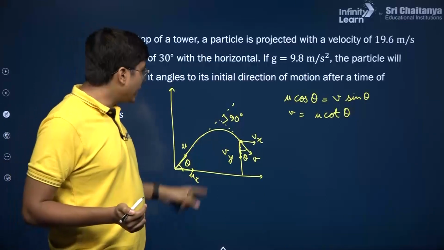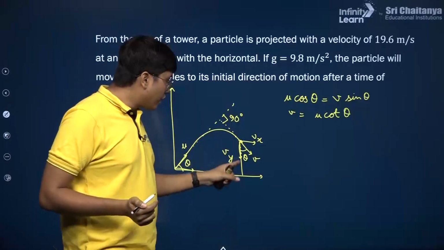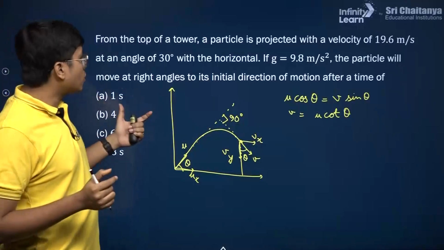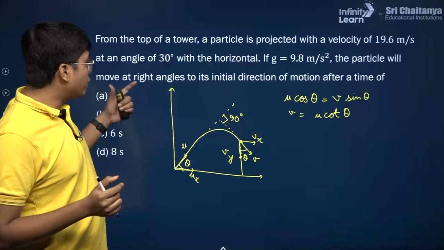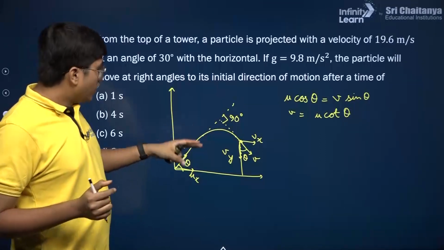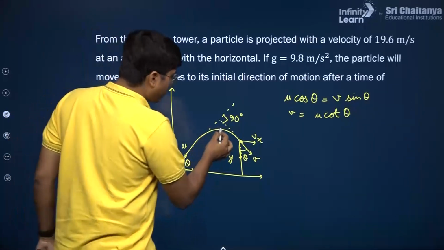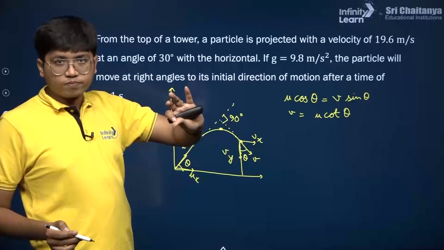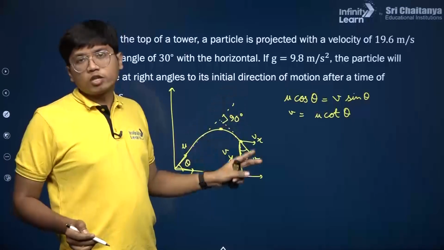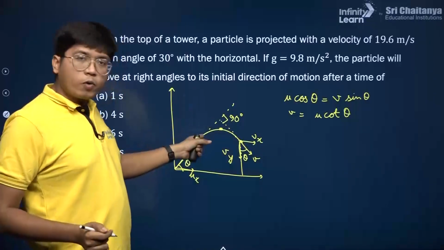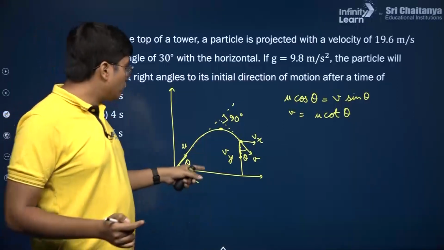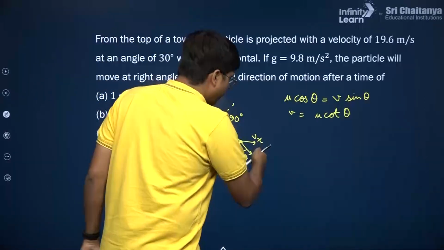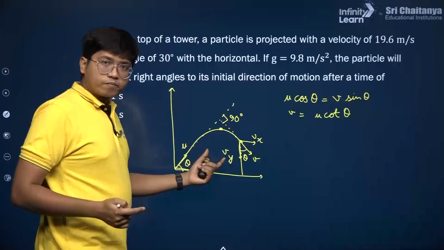Now next thing we need is what is the velocity in the downward direction. Why is that important? Because based on that we'll be able to find the time. Now suppose from the peak point, the vertical velocity was 0. At this peak point, vertical velocity is 0. So from that point, how long does it take to achieve the velocity Vy? Remember, Vy is V cos theta, right?